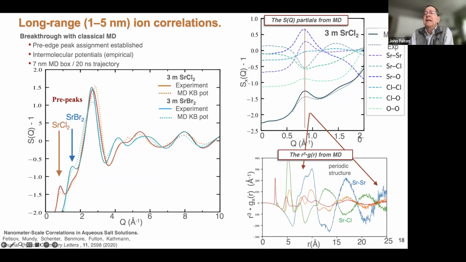We see that the strontium-chloride signal is anti-correlated, and then there are weaker contributions from the water and the chloride partials. If you sum this set of partials, you have the solid line here, which is in good agreement with the experiment. Again, if you Fourier transform this S of Q, you can see the periodic oscillations in the strontium structure in the G of R.